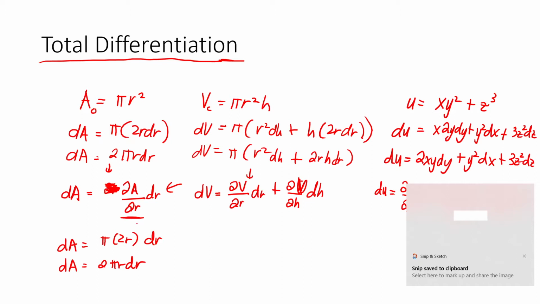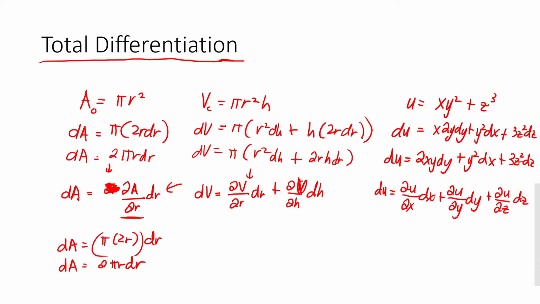Here, you actually need to show that the partial of A with respect to r will be equal to 2 pi r. Like that. Example, for the second, then there you substitute it. For the second, partial of V with respect to r, it's pi times, pi h, oh, wait. Only r is the variable.